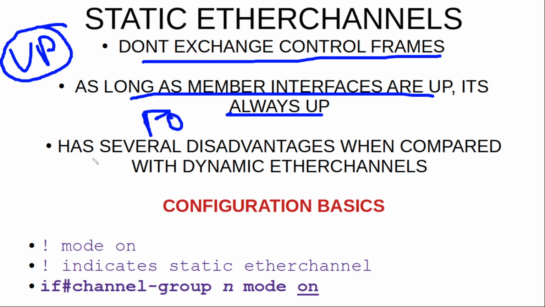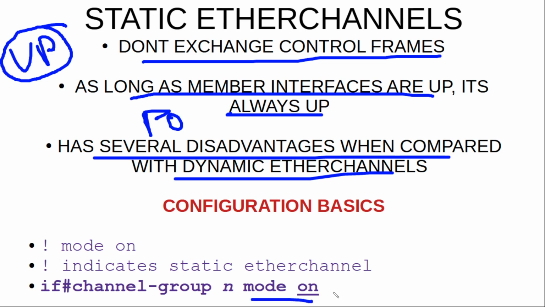And this way of configuring EtherChannels has several disadvantages when compared with dynamic EtherChannel. The way to do so is when you issue the command channel-group, make sure to use the mode on. So mode on is static.